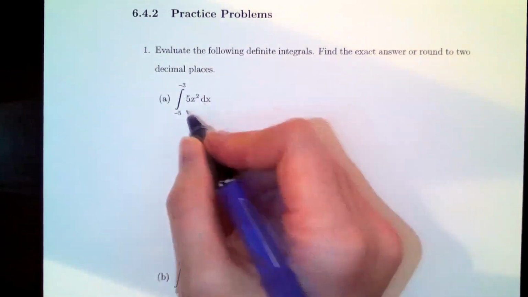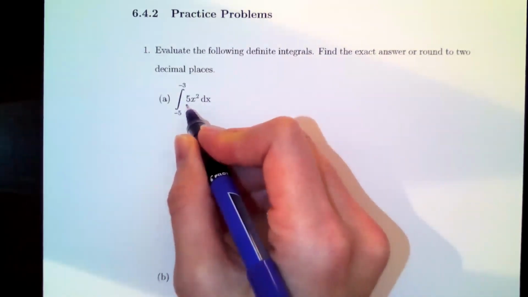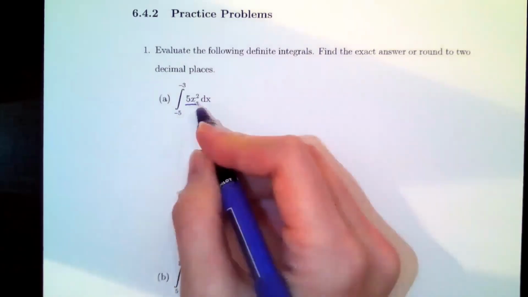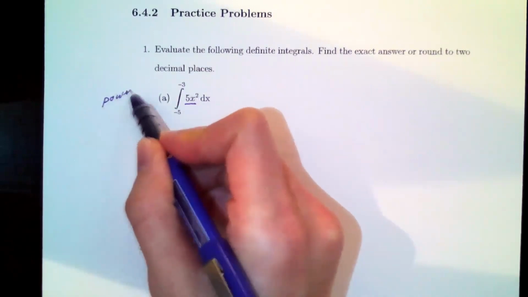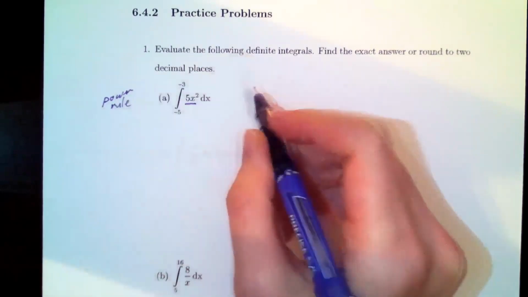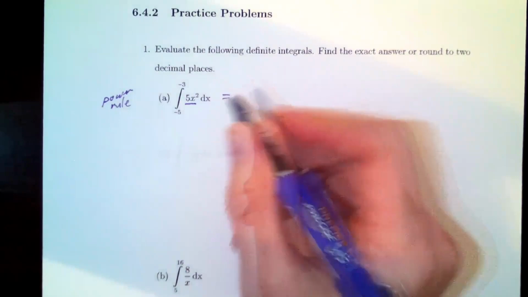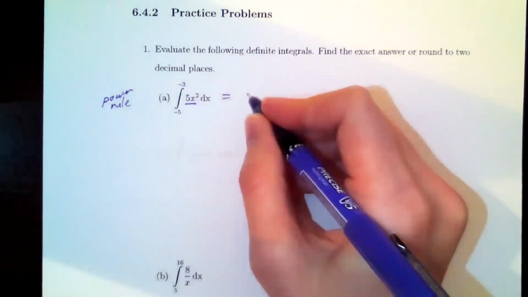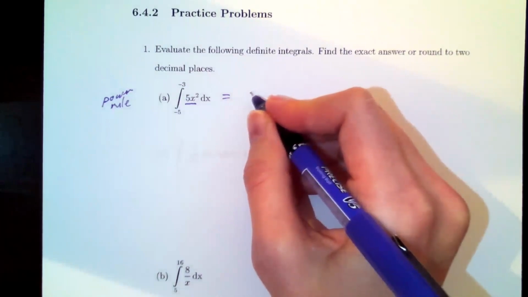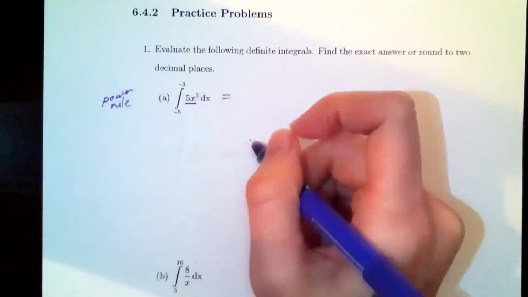You just integrate. So if we have the function 5x squared, we acknowledge that, okay, that 2 right there is a power, so I'm going to do the integral power rule. The integral power rule says that when you have x squared, you want to increase the power by 1 and divide by the increased power.